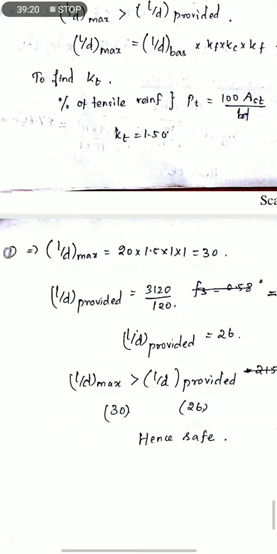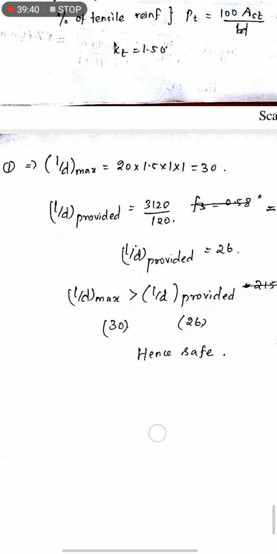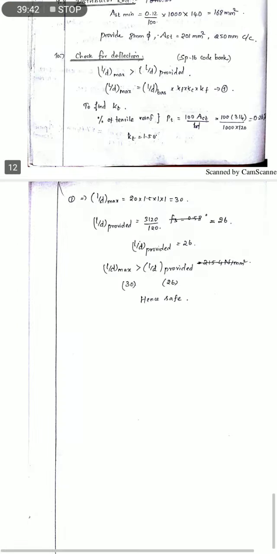Therefore L by D max is greater than L by D provided, 30 greater than 26, hence safe. So our detailing, main reinforcement diameter and spacing, distributor diameter and spacing, and depth of the slab, all the values are correct. This is the check for deflection.